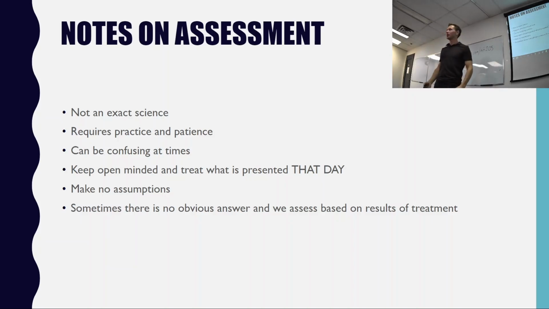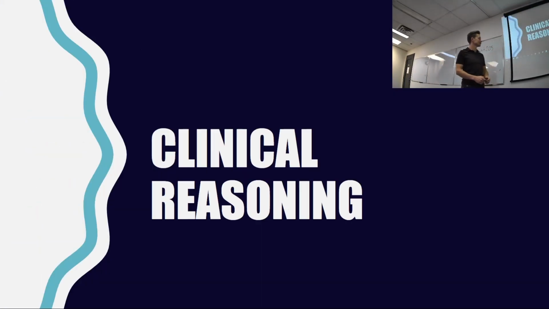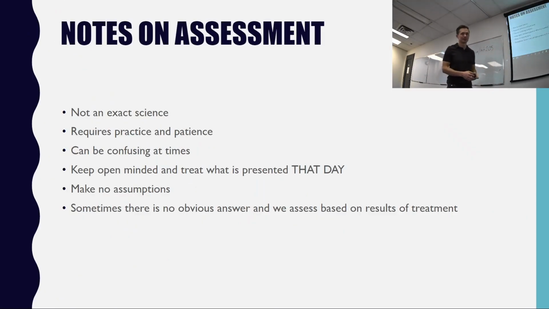Well, okay, I was wrong. If it's not that, then it's probably this. Or you guess that it's the capsule, you do your joint play, and it turns out they feel amazing. So sometimes your assessment is based on whether the treatment works or not. Good? Great.